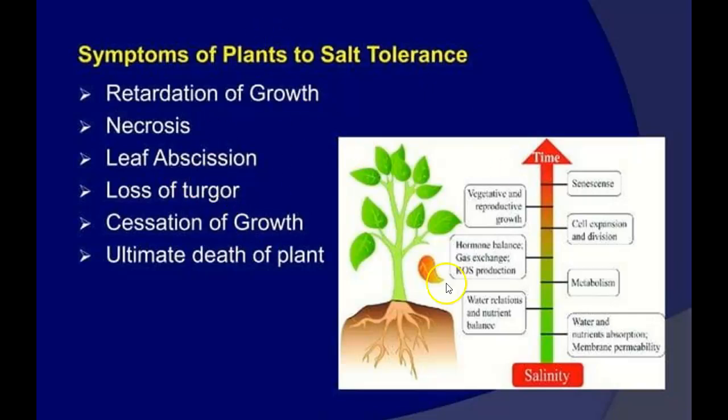This is also showing the effect of salt, symptoms of plants to salt stress: retardation of growth, necrosis, leaf abscission, loss of turgor, cessation of growth, and ultimately death of the plant occurs under salt stress.